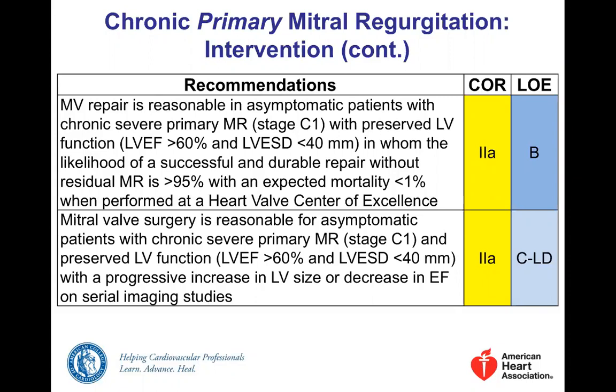You look into the left ventricular ejection fraction and you look at the volume of the left ventricle. Because if the ejection fraction starts to drop to less than 60, or the left ventricle end-systolic dimension is more than 40, that means this patient's ventricle is starting to take a hit, and this is where you need to be very careful.